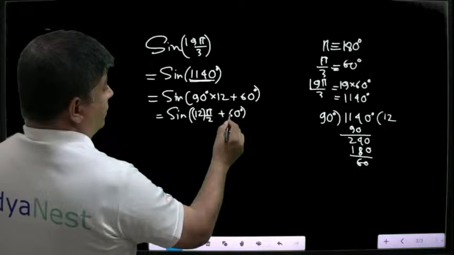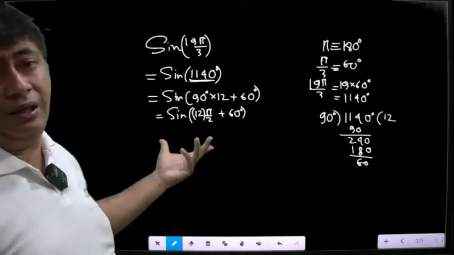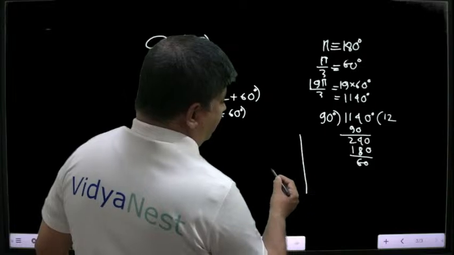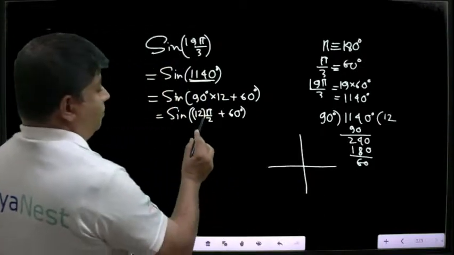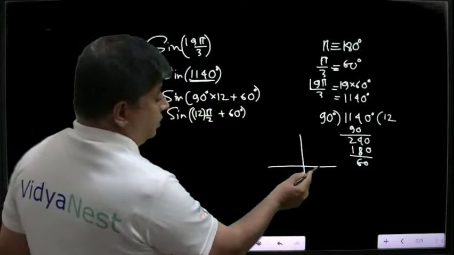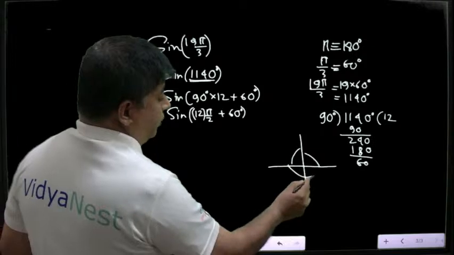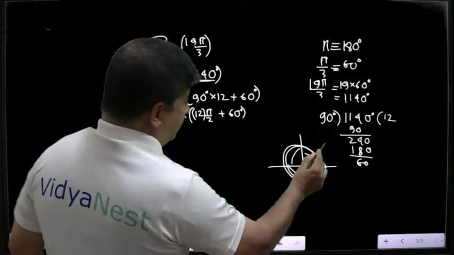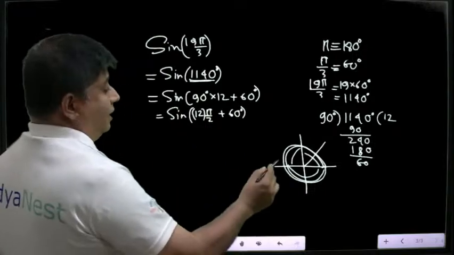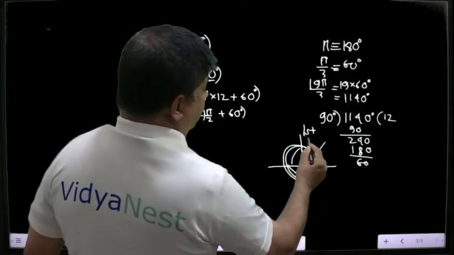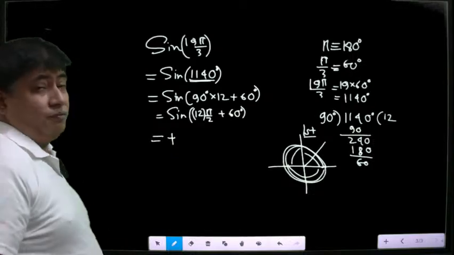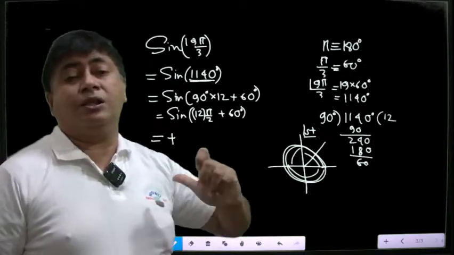Okay. We have to judge in which quadrant it lies. It is pi by 2, 12 times, plus 60. So it lies in the first quadrant. In first quadrant, everything will be positive. So first you judge whether it is positive or not.